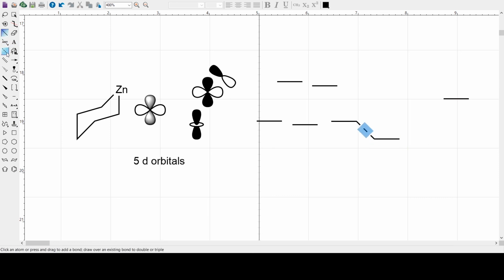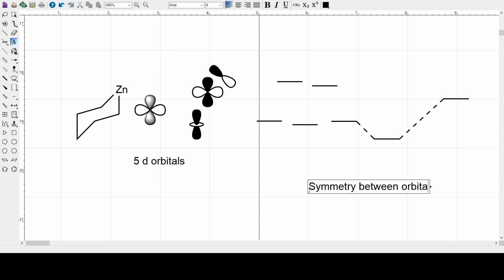That is the energetic level. So this is a bond. So with metals, symmetry drives which orbitals are involved and generate bonds.